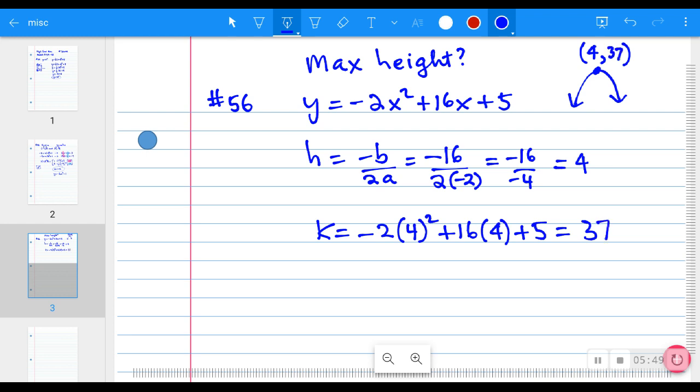Now, maximum height, the height of a point is its y coordinate, so here's your answer. That's your max height, the k value. There are times when it'll ask for the x value or the h value, and the way it would be phrased would be, what value of x maximizes the height?